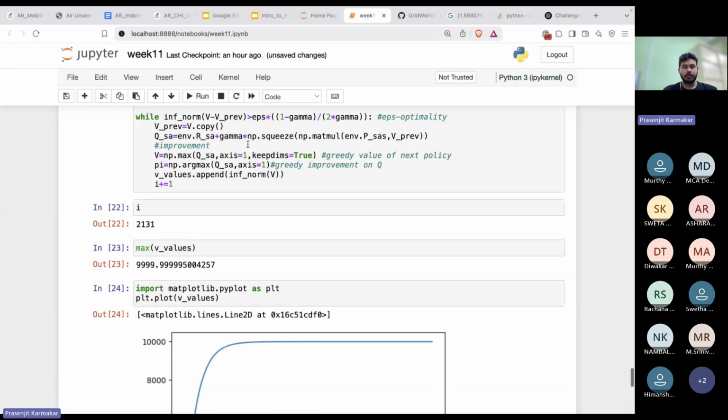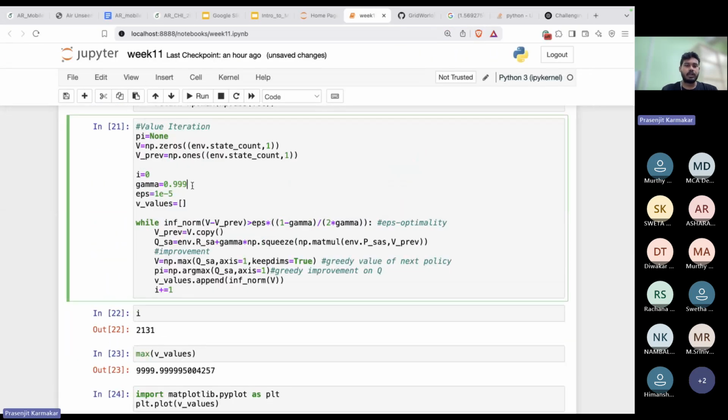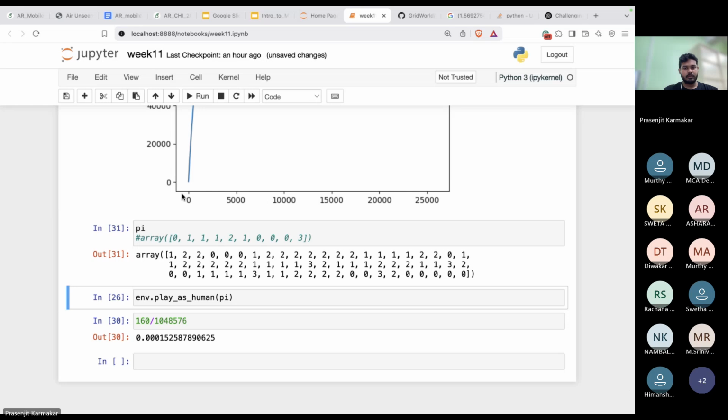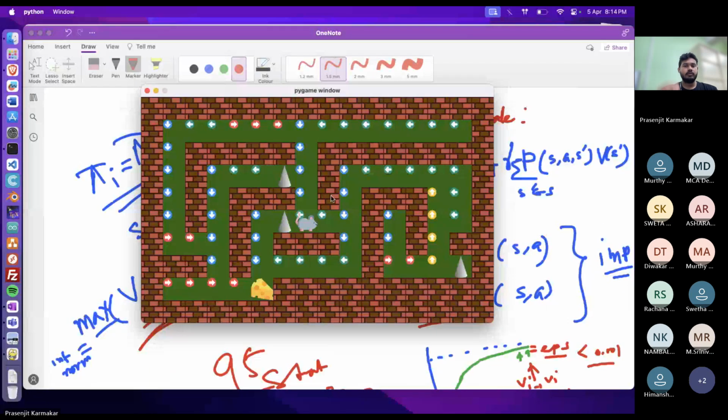Let's go with more iterations. Why are those two states not changing? If these two states get changed, then everything is fine.